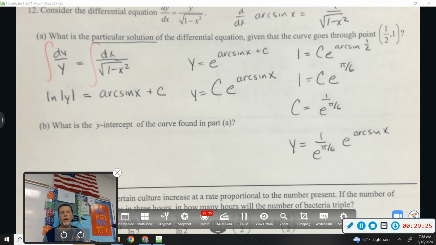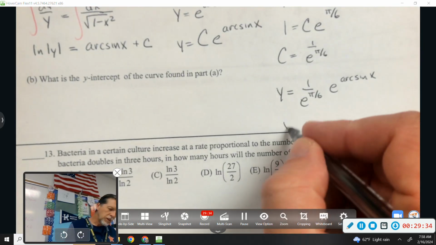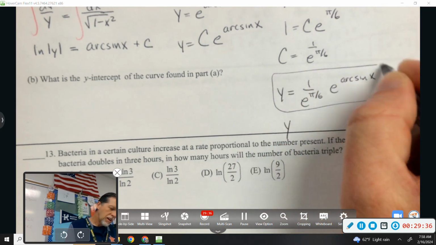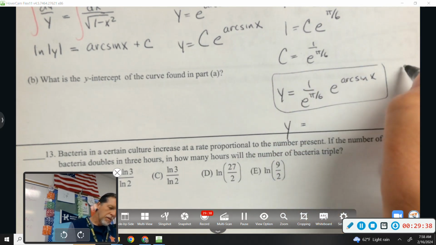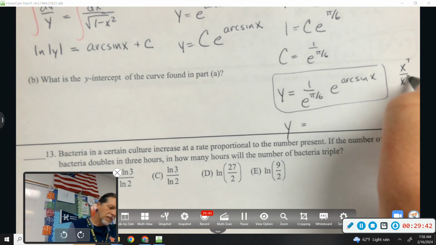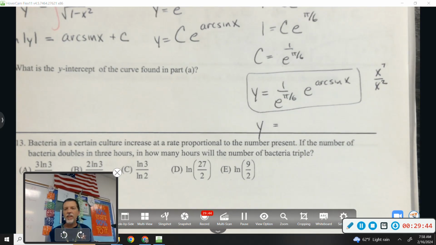Okay, there could be different ways to write that. We could use some rules. I would stop there. But just in case it's multiple choice, let me review those rules. What's x to the 7th over x squared? X to the 5th.